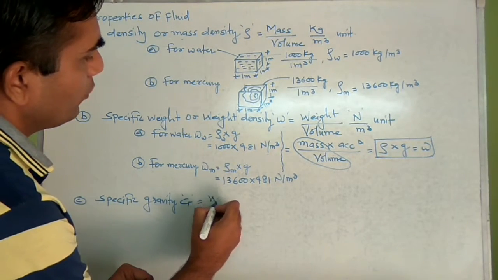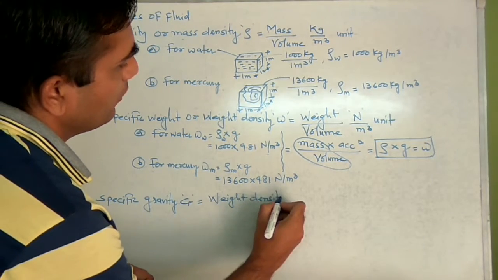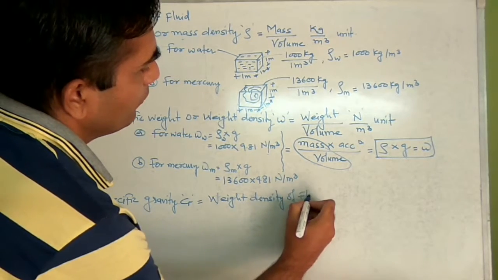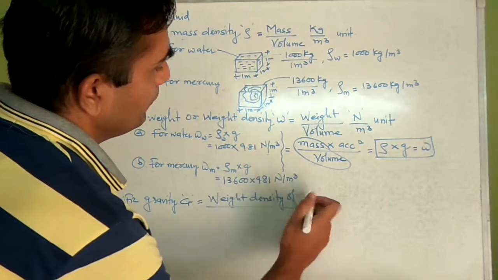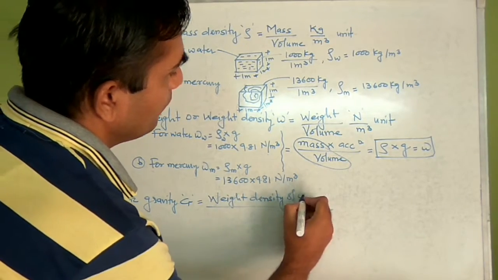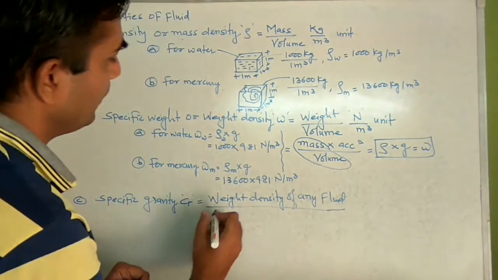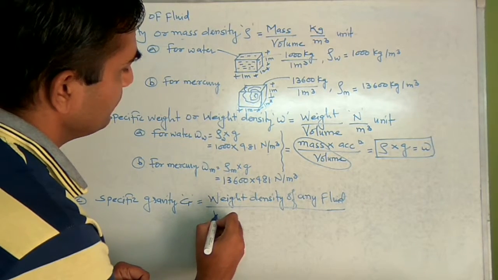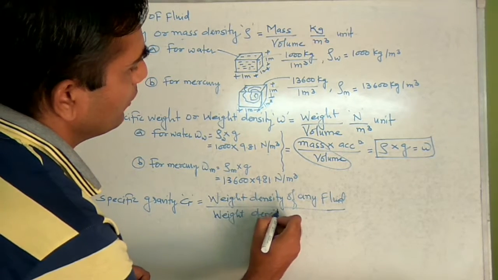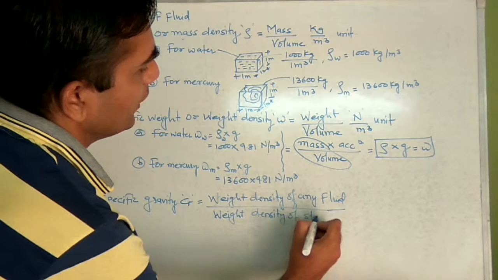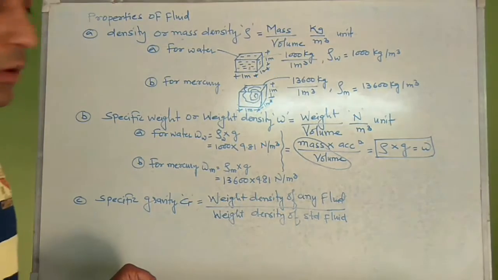Specific gravity is nothing but the weight density of any fluid divided by the weight density of standard fluid.